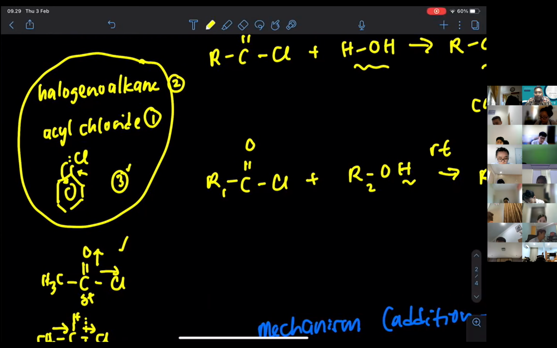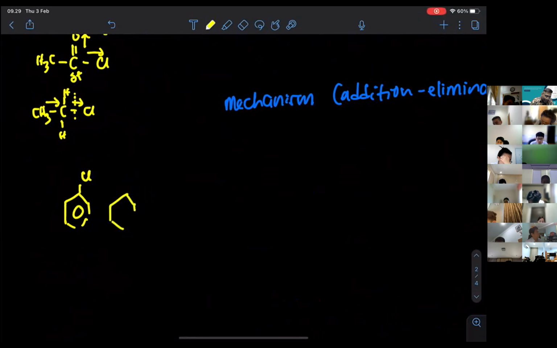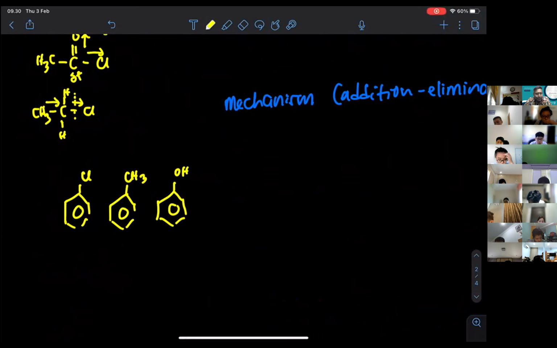For example, if you have the Cl over there, I want to compare the reaction with CH3, and then with the OH. Remember, when I say reaction, what kind of reaction are we talking about?